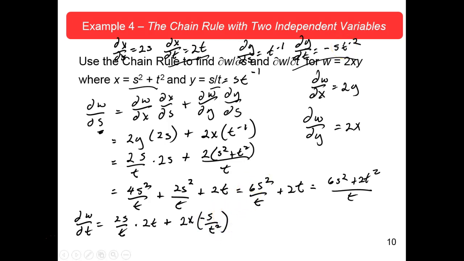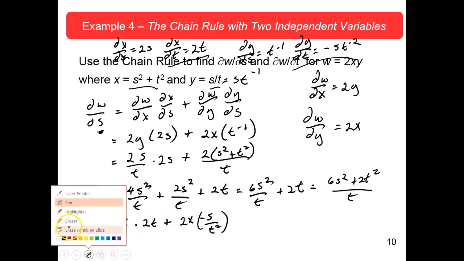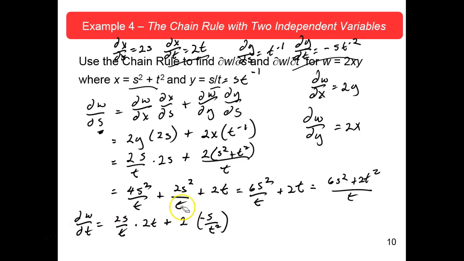Okay, from up there. Now we take these and, oops, sorry, I meant to plug in the x here too. Okay, your x was s squared plus t squared. All right. So what does this become?